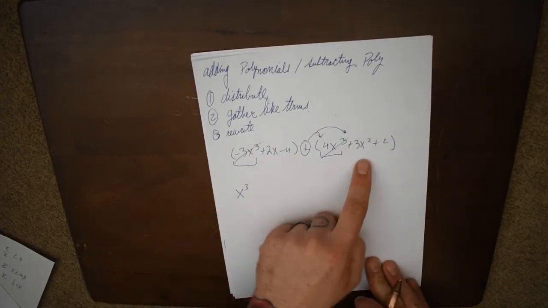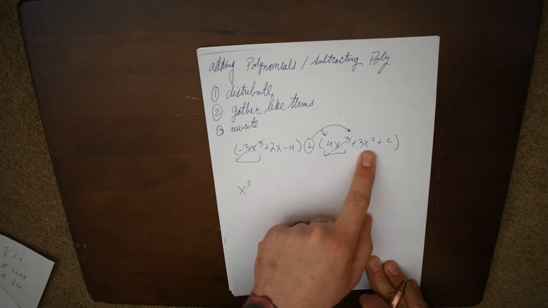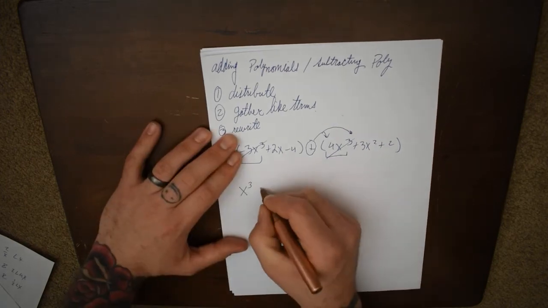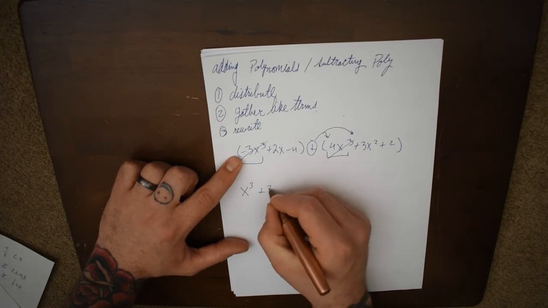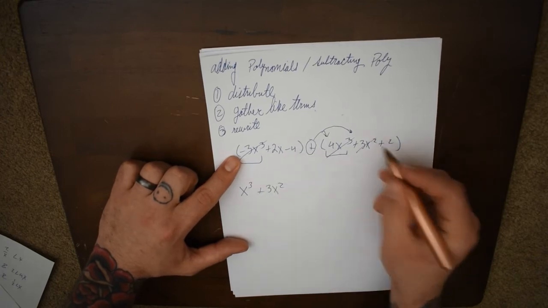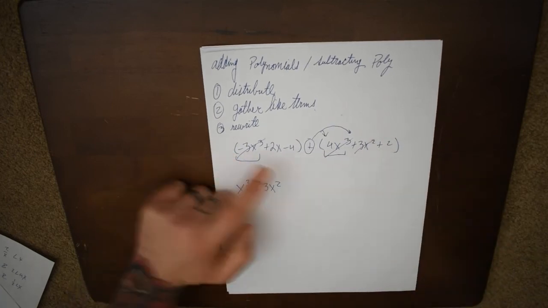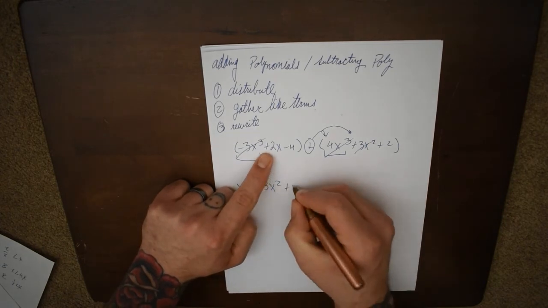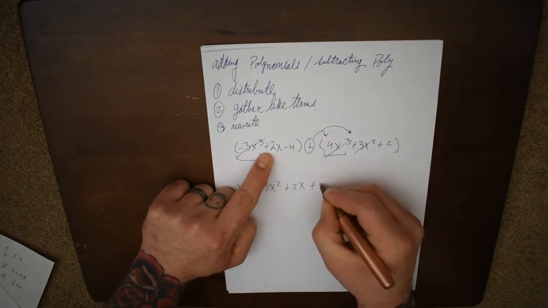Well, then I've got this degree 2 thing. We've got a 3x squared. No x squareds over here. So we're done with that term. Degree 1, well, we've got a 2x. And we have a constant term.